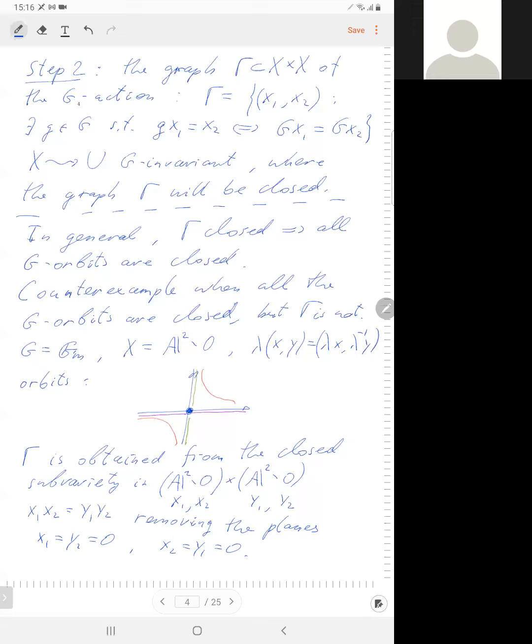So once again, though we already know that all the orbits are closed, still the graph is not necessarily closed, and now we are further shrinking our X to guarantee that the graph is closed. So let's do this.